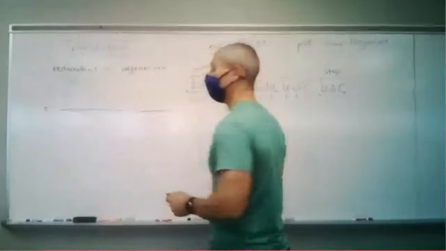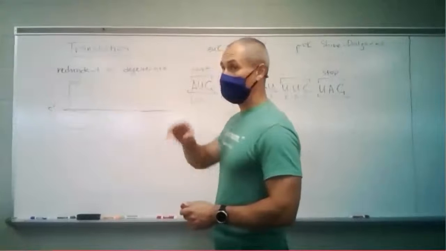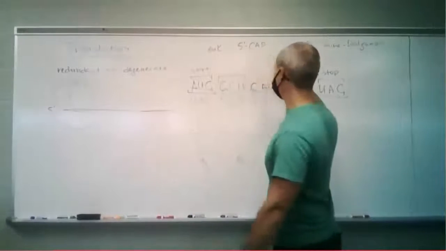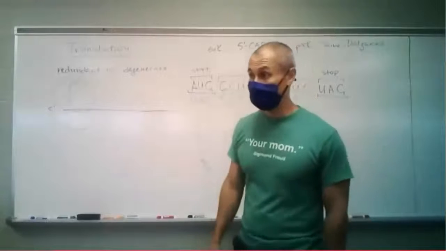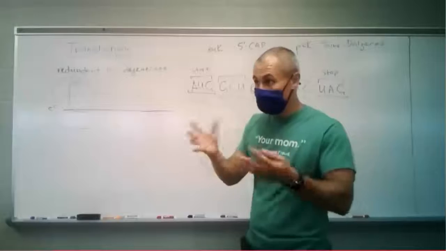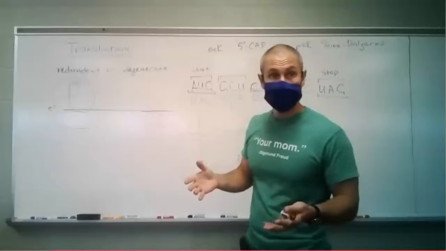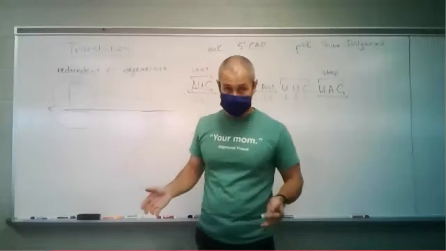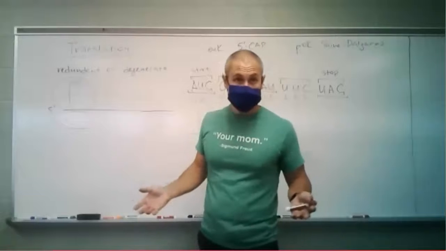Now, a brief note: ribosomes in eukaryotes and in prokaryotes are different. Slightly different, structurally different. Like a truck and a minivan, both are cars, but they differ.